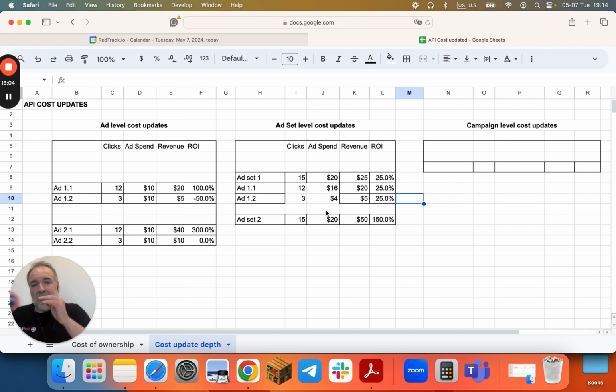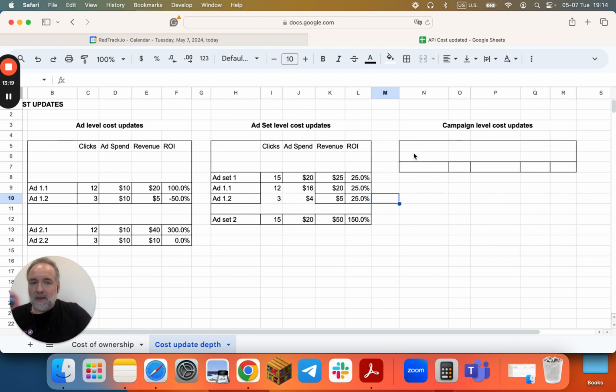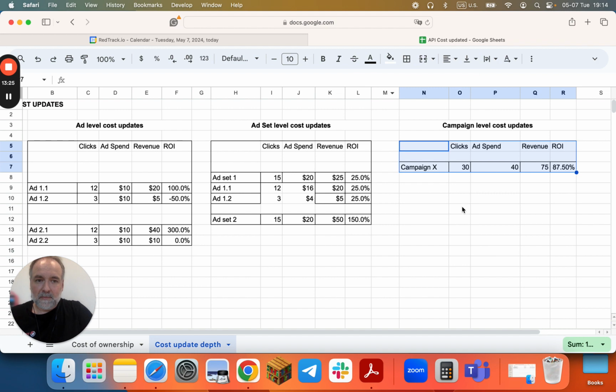Now, you're already losing money, or you're not realizing the earning potential. Now, consider this. All this is happening on the campaign level. What does it mean? Let's do the campaign numbers. And now look at what we're doing.